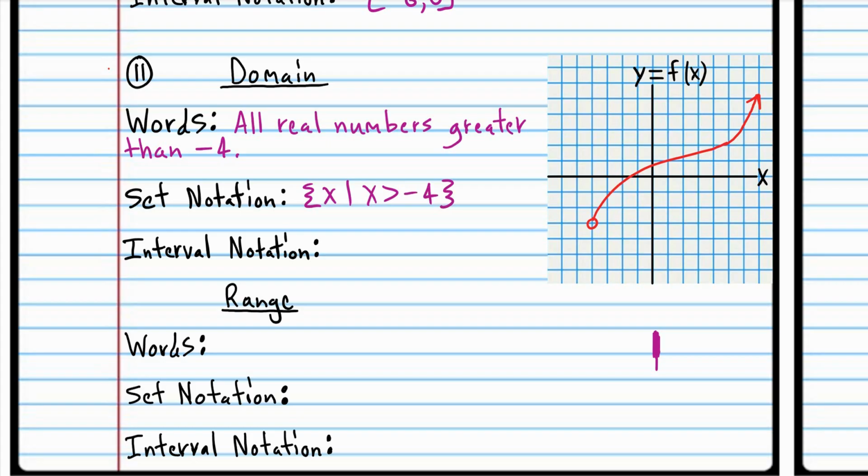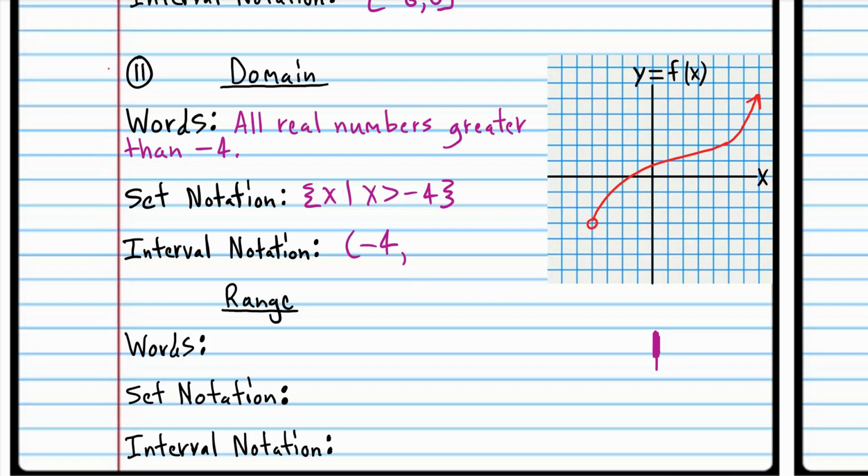But because it's an open dot, we say greater than, not greater than or equal to. Now in interval notation, we use a parenthesis, -4. That means that -4 is not part of the domain, because that x value is not in the domain.